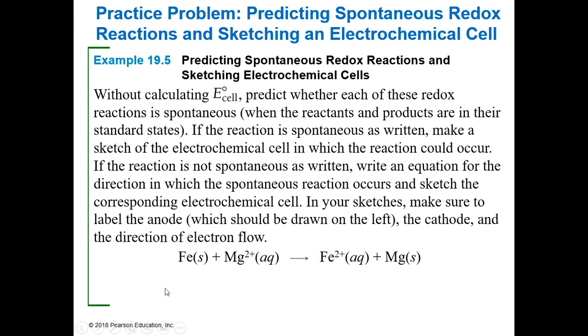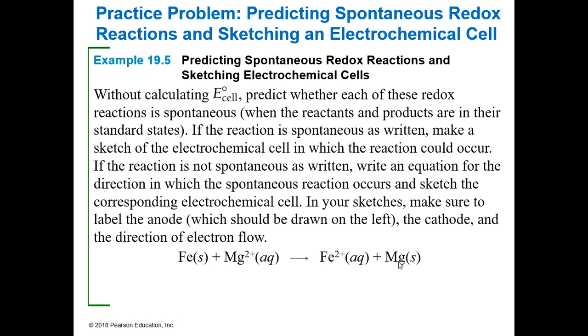Well, it looks like to me it is going from a 0 to a plus 2. That would be a loss of 2 electrons. So this would be an oxidation reaction. Our iron is being oxidized to iron 2 plus. That means our magnesium is going from plus 2 to 0. It is gaining 2 electrons, so it is being reduced.